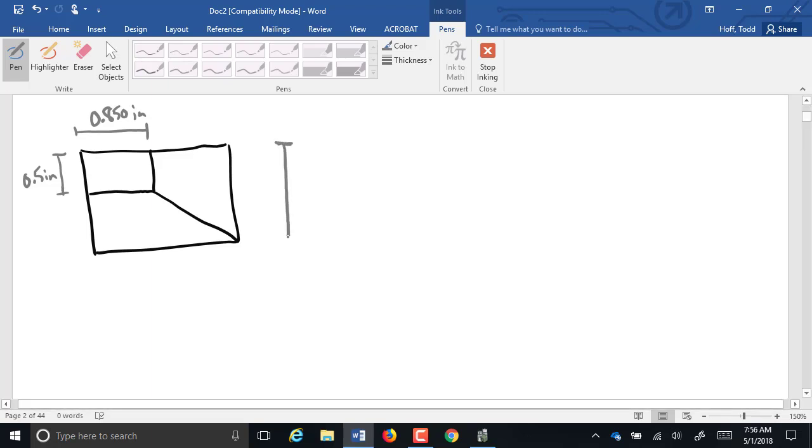Time to replace my batteries again, apparently. Yeah, 2.1 inches.